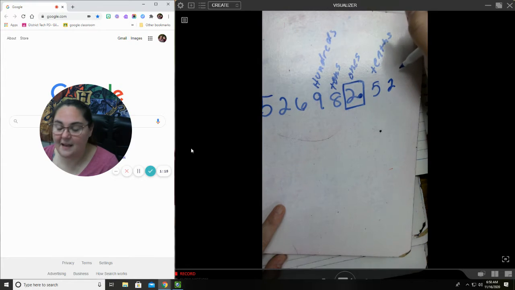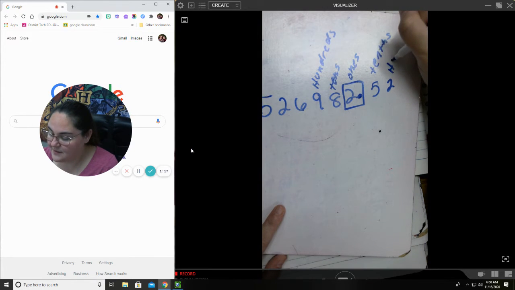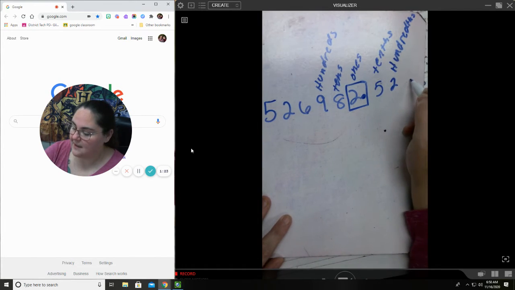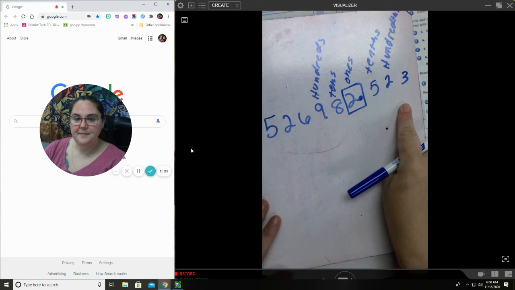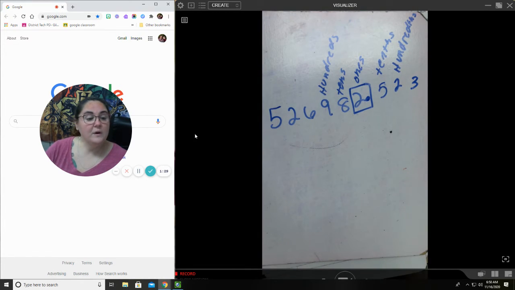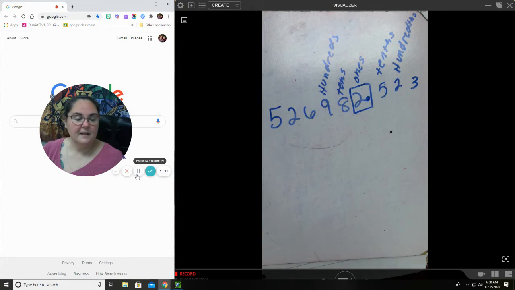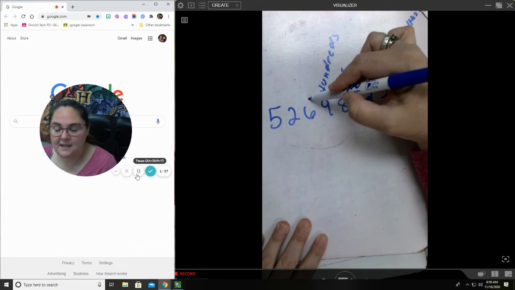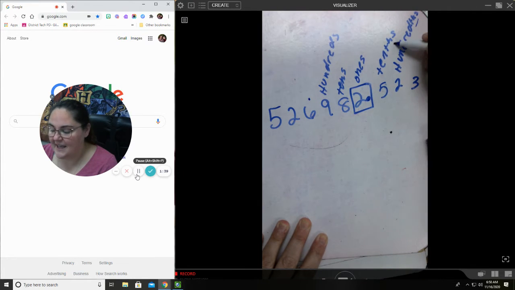This one would be my hundredths. What do you think my 3 would be? If I had to label that place value using this pattern, what do you think the 3 would be? Technically, this is my thousandths. Notice that this would be thousand. This would be thousandths with the THS.